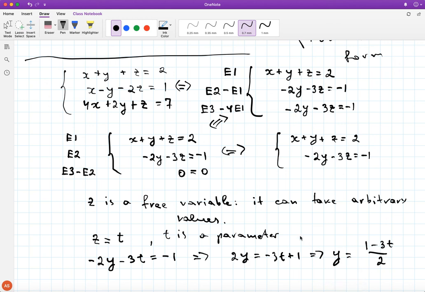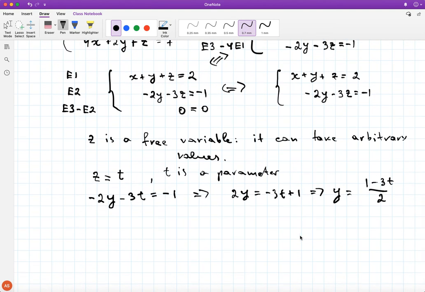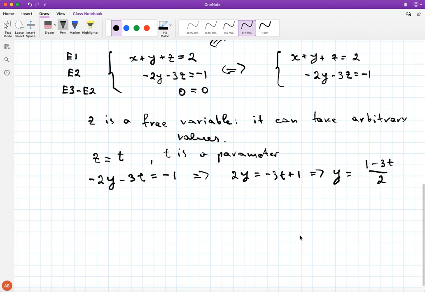Finally, we can plug the value of z and the value for y expressed in terms of t into the first equation, and we can then solve for x. x plus y, and y is (1 minus 3t) over 2, plus z, and z is t, equals 2.